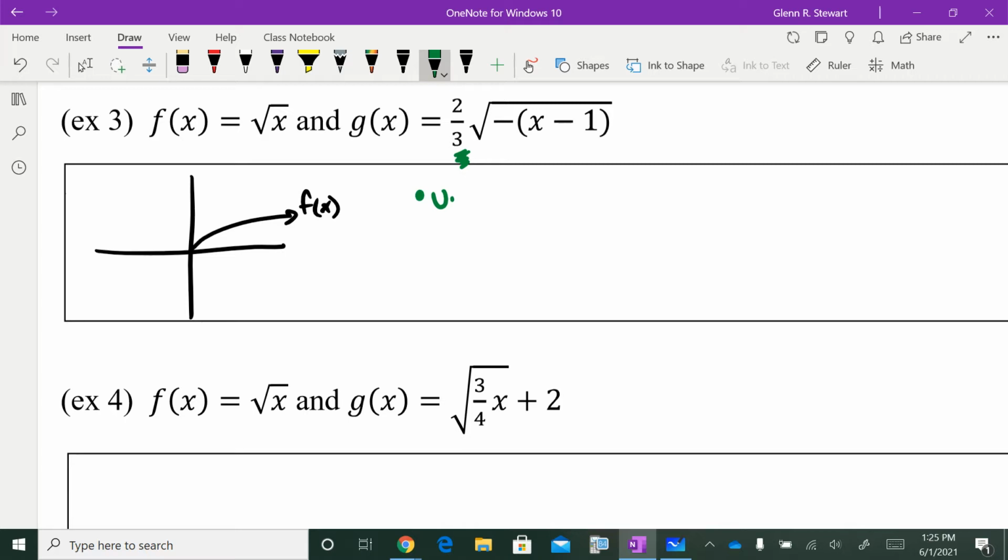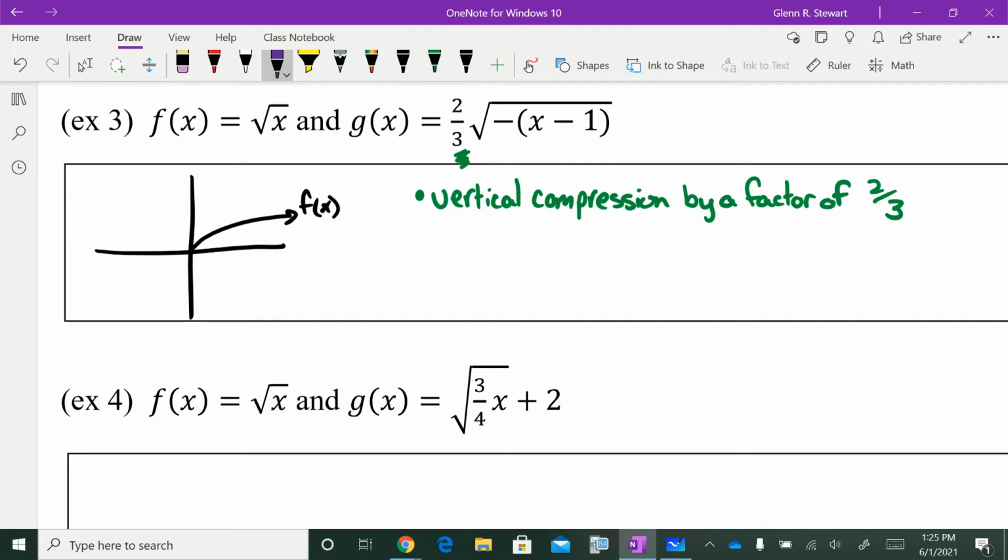This change is a vertical compression by a factor of 2/3. With the vertical, we always keep the factor as the same number that was out front.